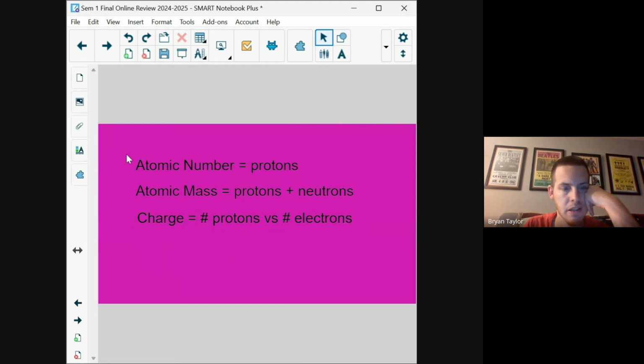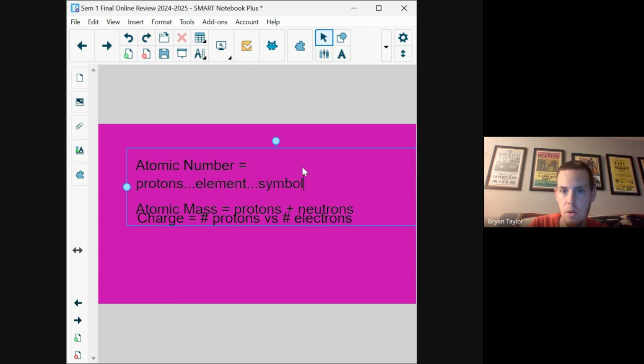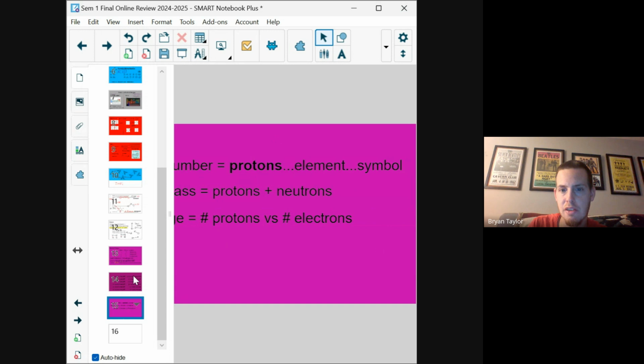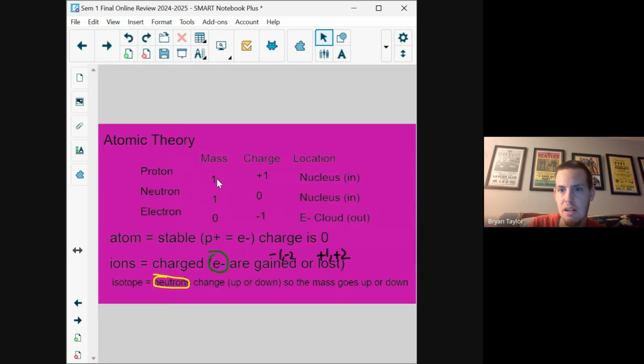Yeah. And that's really it. And then again, the protons and atomic number, right? If you have this, just being straight up with you, that means you know the element and the symbol. So that's pretty dope. Not to mention that proton is in both of these.